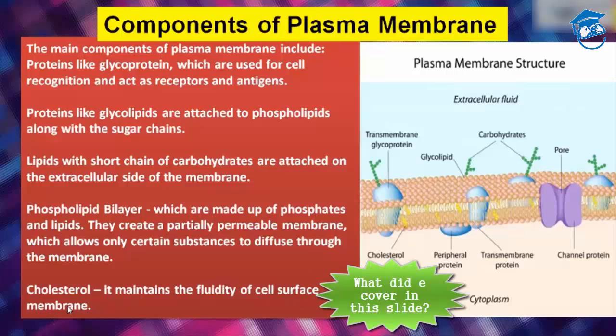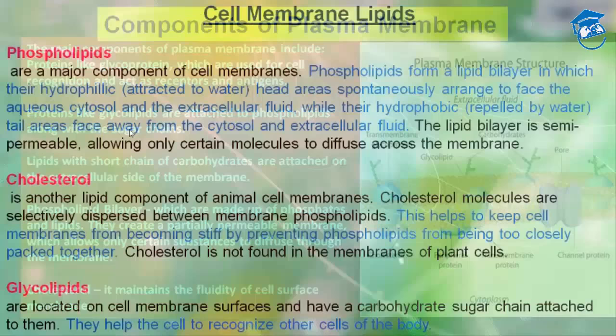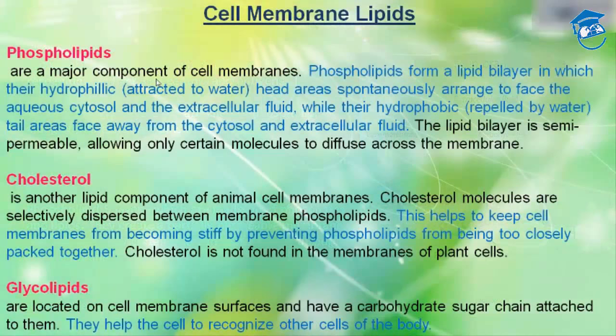First we studied the lipid bilayer, second the protein, and third the cholesterol. Now, what are the cell membrane lipids? The first lipid is phospholipid. It is a major component of the cell membrane, students. Phospholipids form a lipid bilayer, that means two layers of lipid in which the hydrophilic outer head is oriented outside.